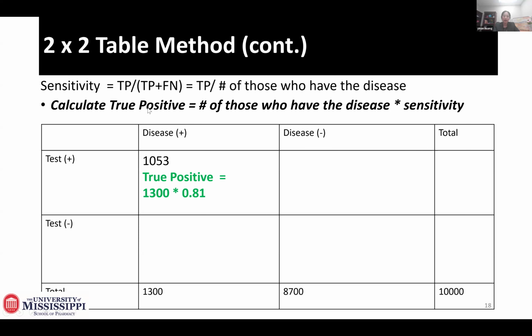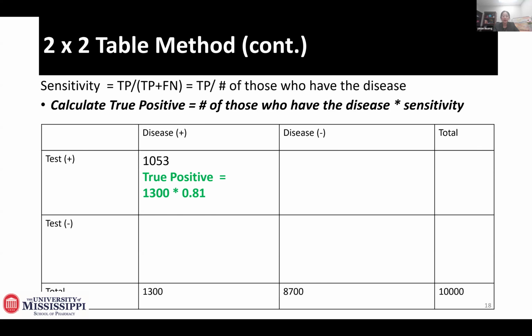Hence, true positive equals the sensitivity multiplied by the total number of those who have the disease. We obtain a true positive count of 1,053. The total number of those who have the disease is 3,000, multiplied by 81%, which is the sensitivity.